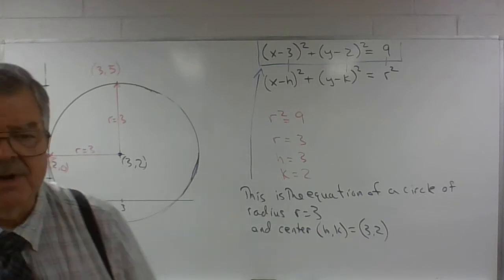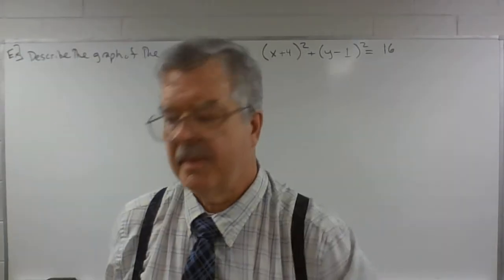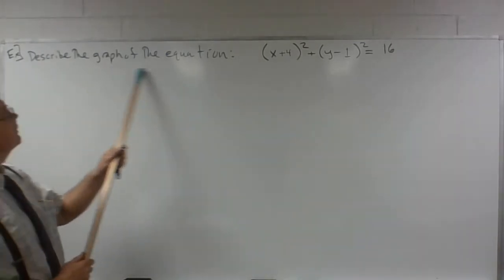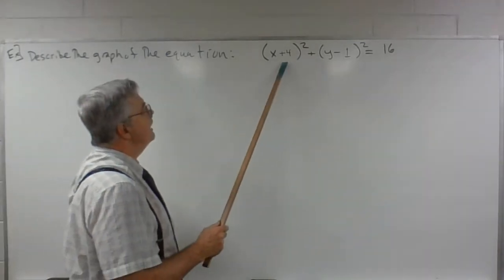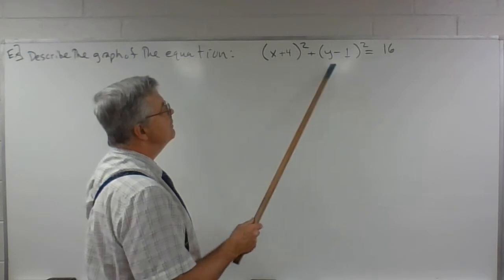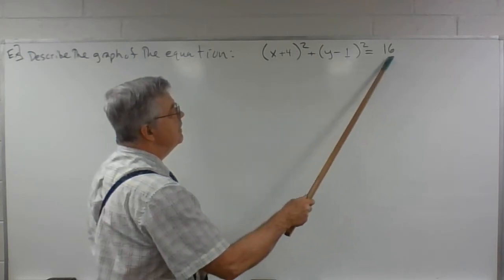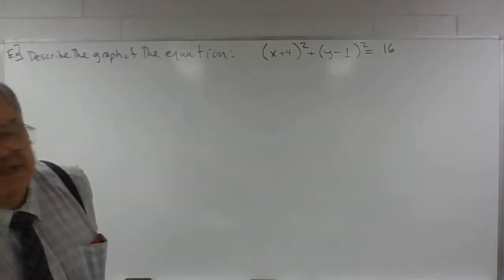Let's do another one of these. Describe the graph of the equation (x + 4)² + (y − 1)² = 16.